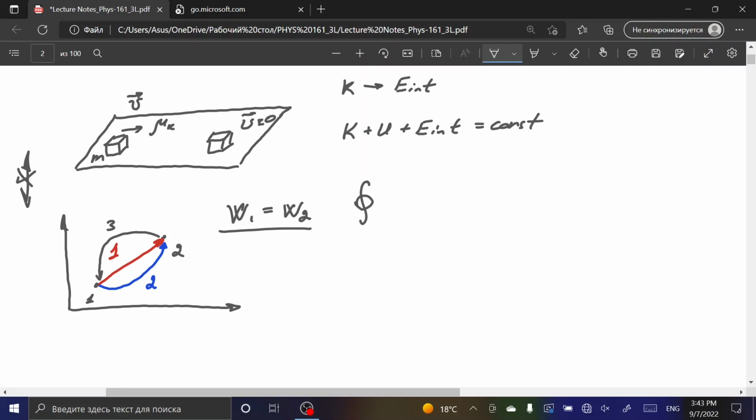So it's denoted as the integral over a closed path of force times dr vector, meaning we have the definition of work here. So the integral of a dot product between force and displacement vector for a closed path will be equal to 0.